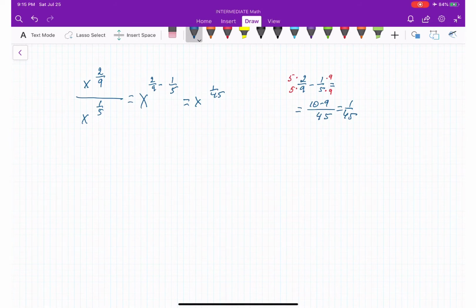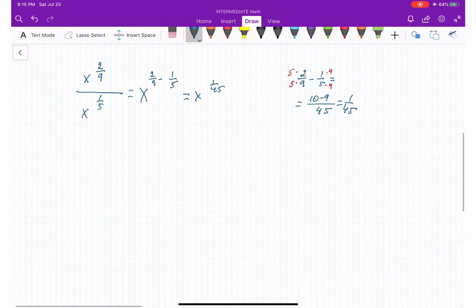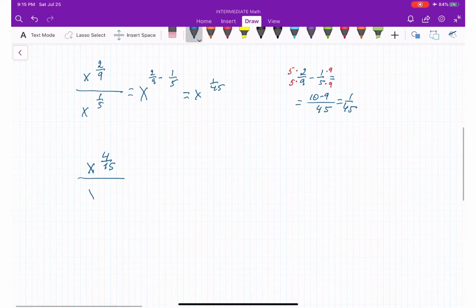X to power 4/15 over x to power 1/15. That is equal x to power 4/15 minus 1/15.